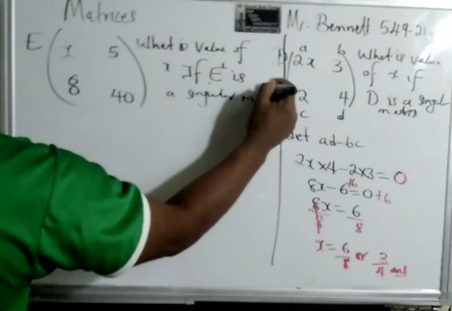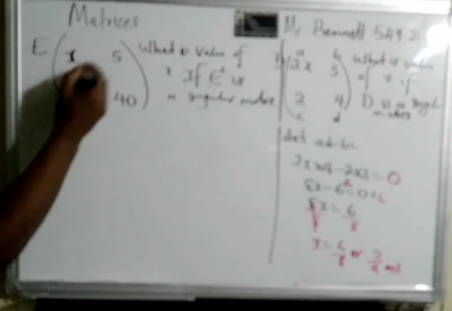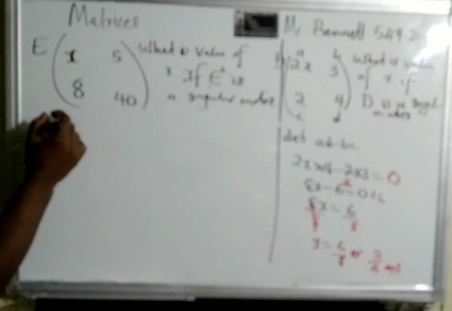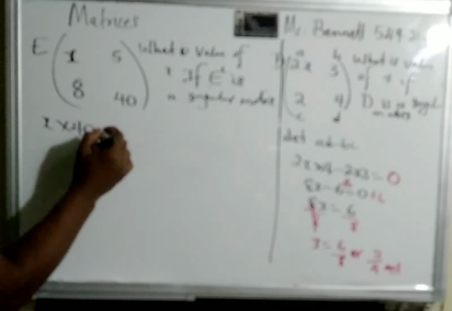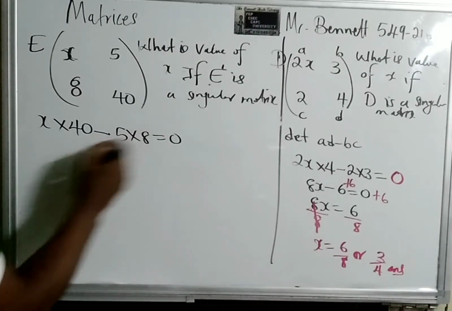And we say what we know about a singular matrix is that the determinant is 0. So let's just look at that. It will be x times 40 minus 5 times 8 is equal to 0.